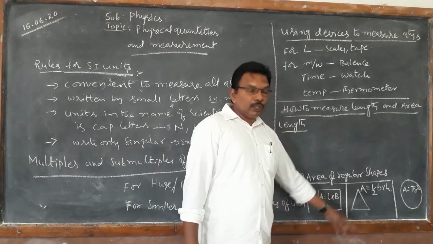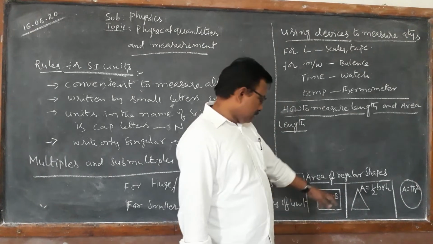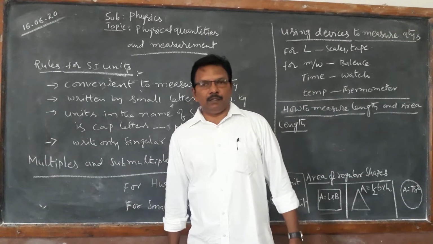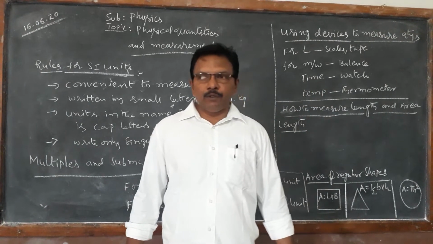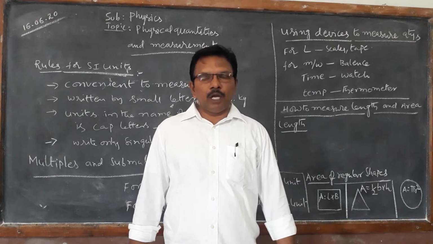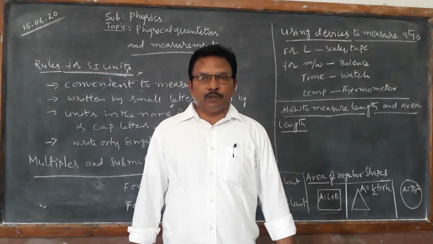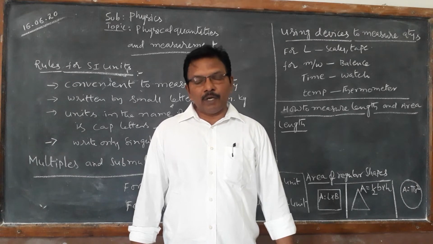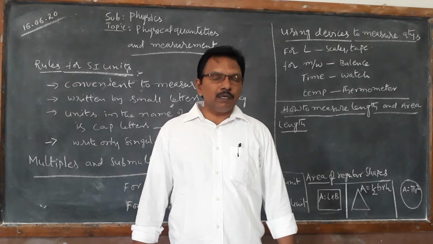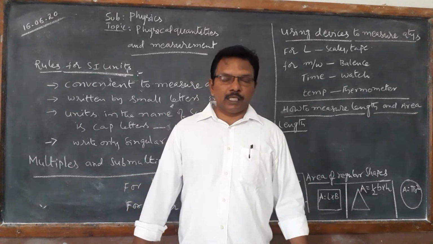To measure the area of a circle, it is pi r square. You know the value of pi is 22 by 7. So 22 by 7 into radius square, pi r square, is used to measure the area of the circle.